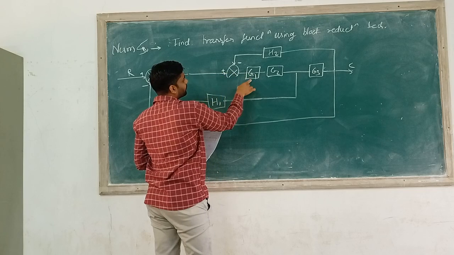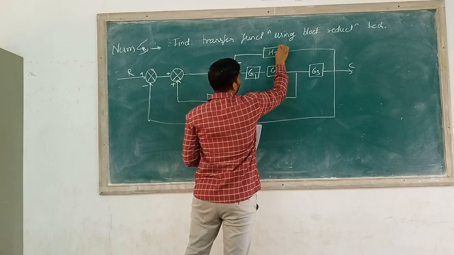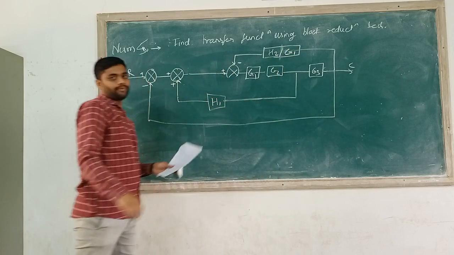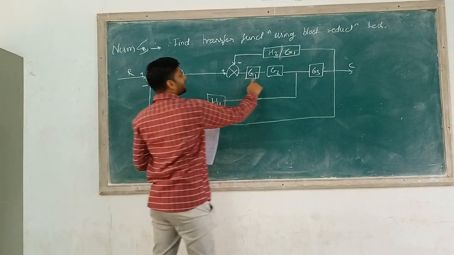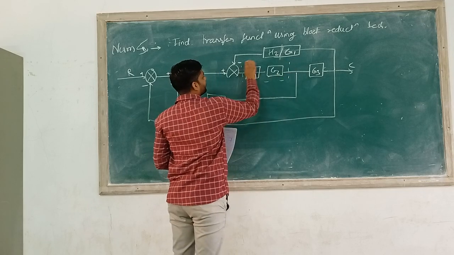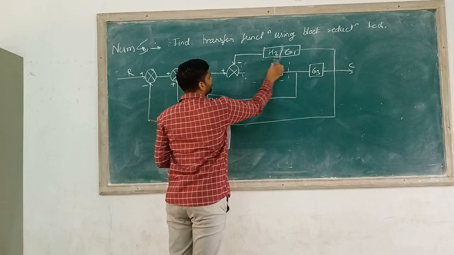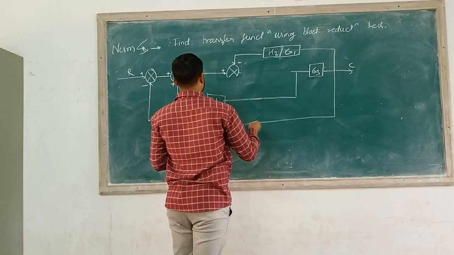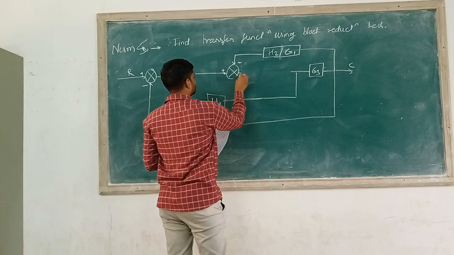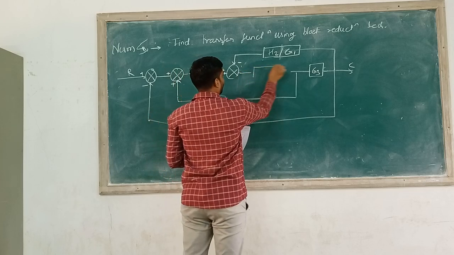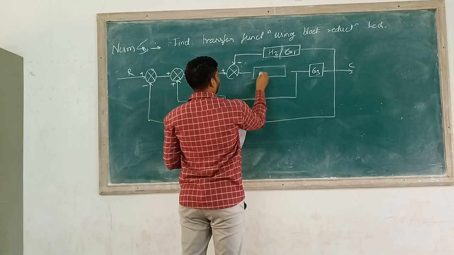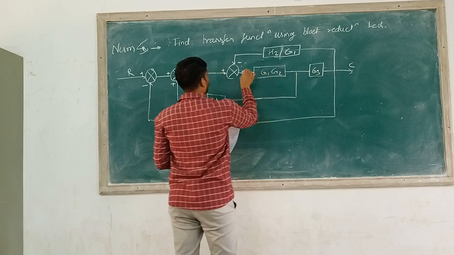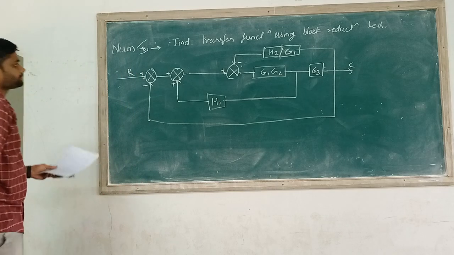As we are going to shift this block, then we need to take this function here, H2 upon G1. Okay, now this G1 and G2, they are in series, so we can simply reduce this as G1. Okay.